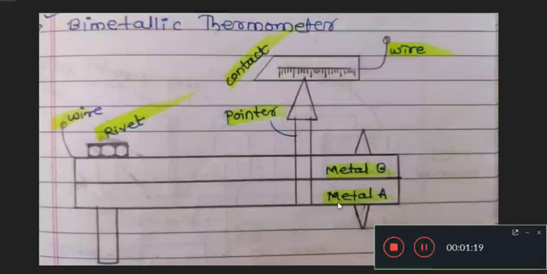When the current starts, the two metals are heated. The metal A has the higher coefficient of thermal expansion, so it expands more than the metal B. Hence, as it is held by the two rivets itself, it bends outwards, and therefore the pointer shows the reading.